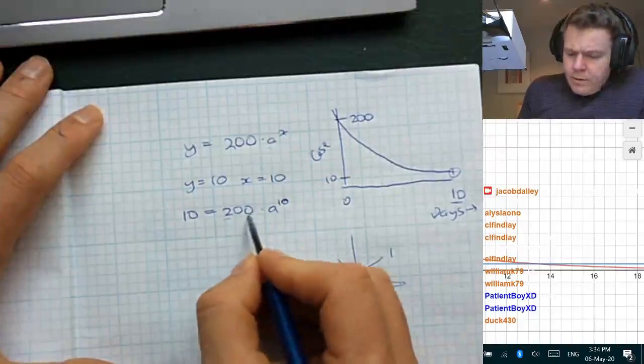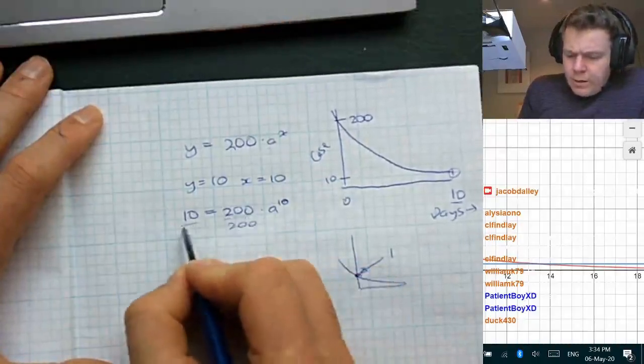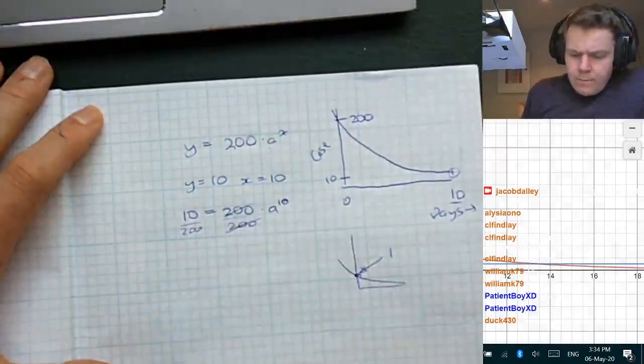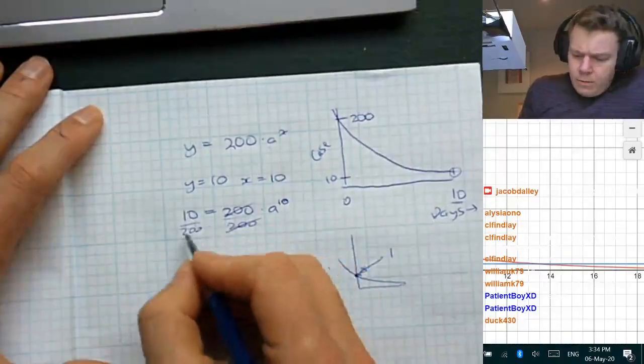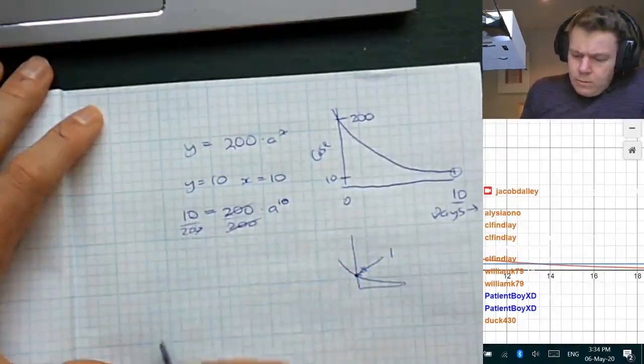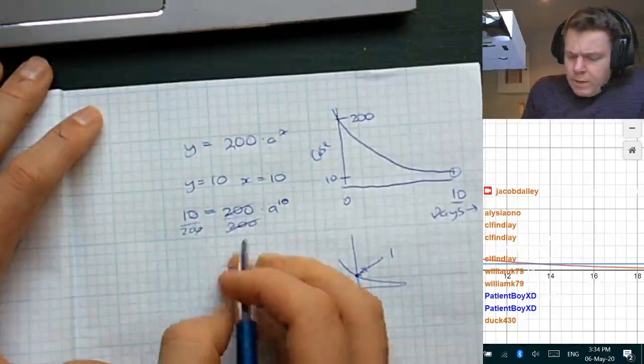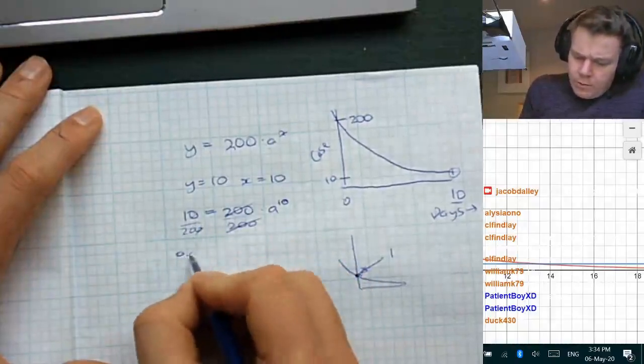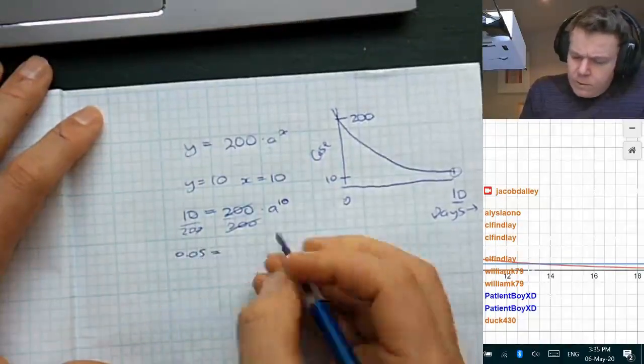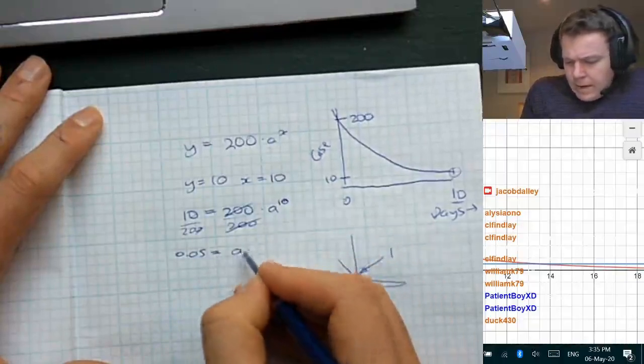Okay, this 200 we can divide by 200 both sides, and that'll get rid of that. So what we have is 1/20th, 0.05 equals a to the power of 10.